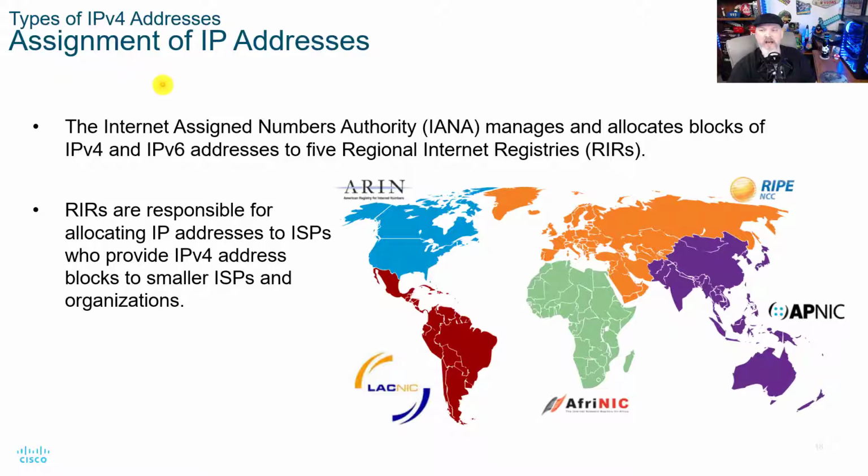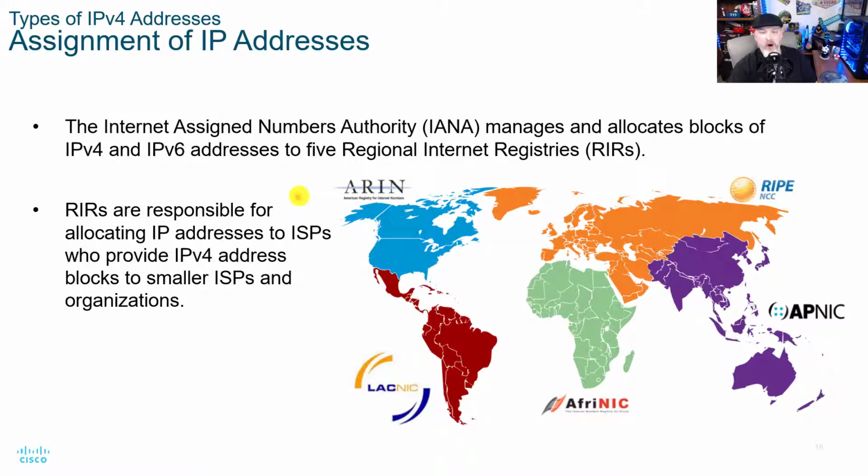So who assigns IP addresses? The Internet Assigned Numbers Authority, or the IANA, manages and allocates blocks of v4 and v6 addresses to 5 regional Internet registries, or RIRs. In North America, it's the ARIN.